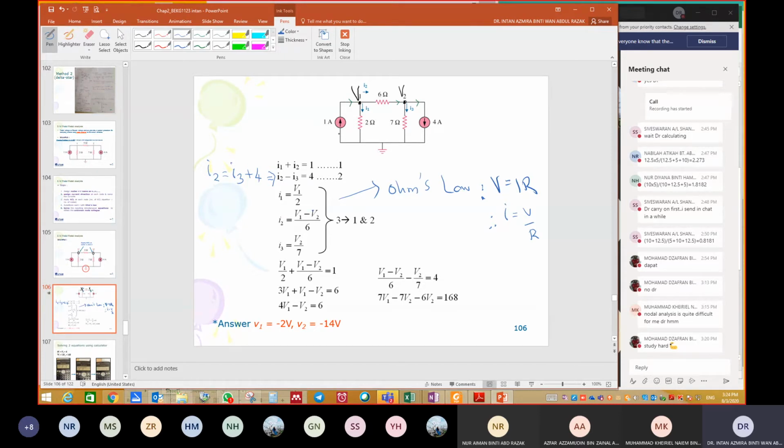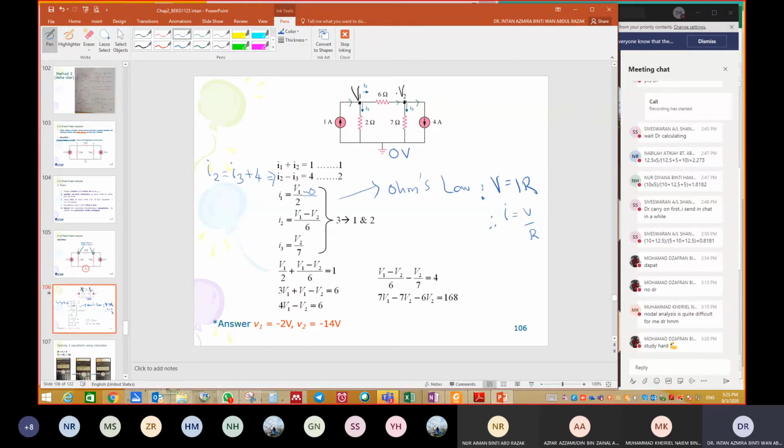So I1 is equal to V1, actually V1 minus 0, because we have 0 volts here.